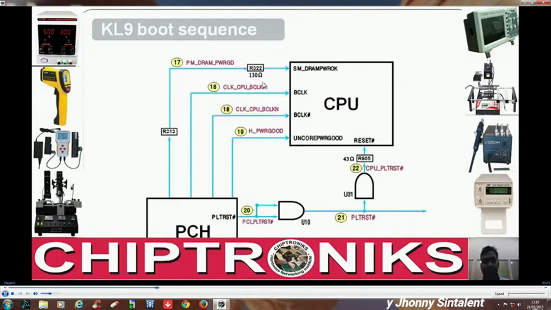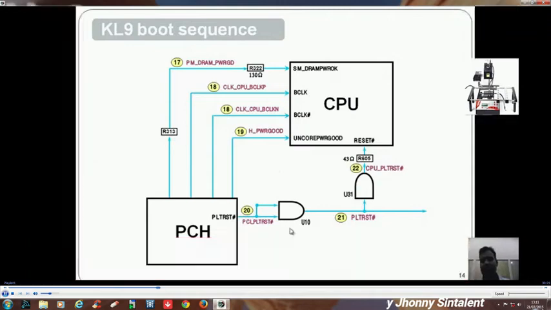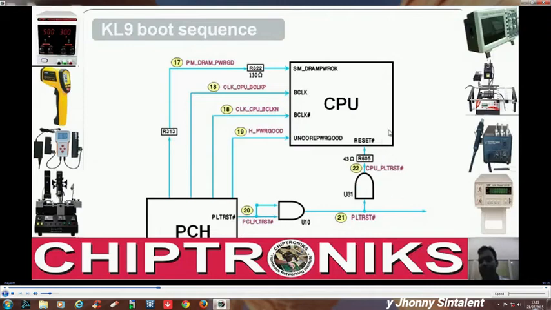So this is CPU BCLK positive, this is CLK_CPU_BCLK negative, and this is H power good. The CPU gets H power good, and after this the PCH generates PLT reset, which is almost the final step. The CPU needs reset, and this is the final step of the hard start.